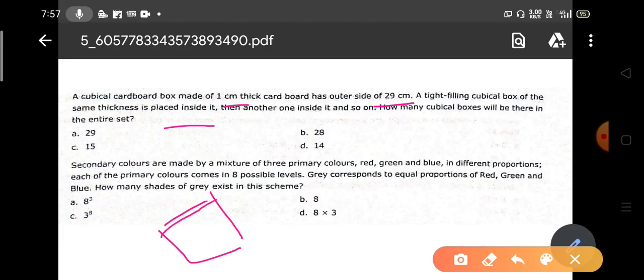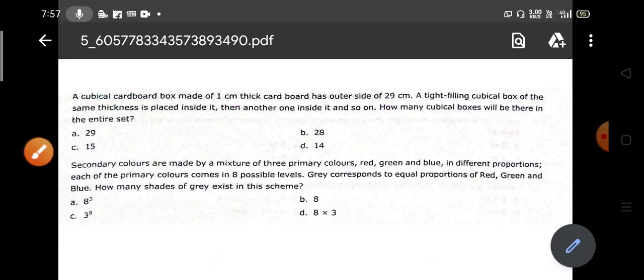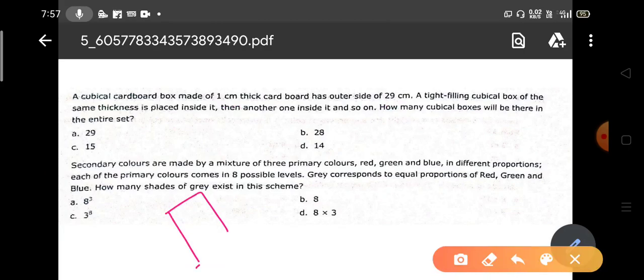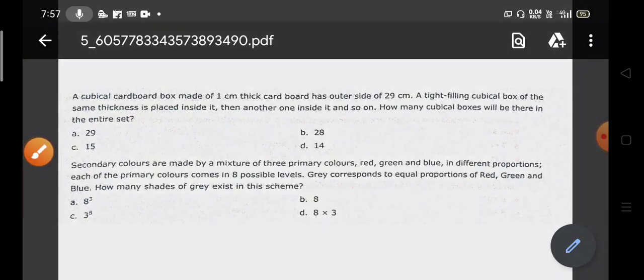Okay, so I am drawing it in a two-dimensional way, but please think of it as a three-dimensional diagram, like a carton box we usually use for our daily purposes. So you have a box here, and inside it you are putting several boxes, tightly fitting. So how many boxes will be there inside the entire set?